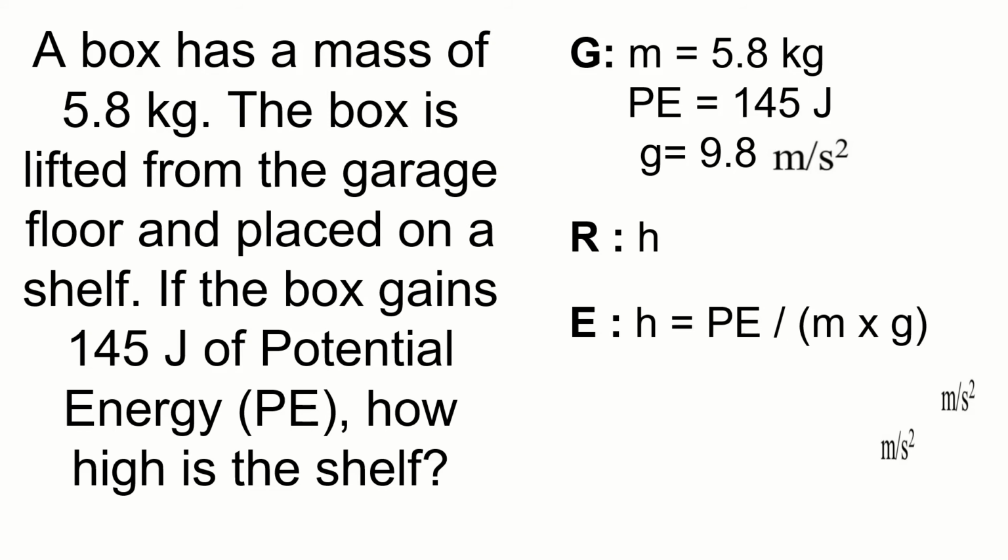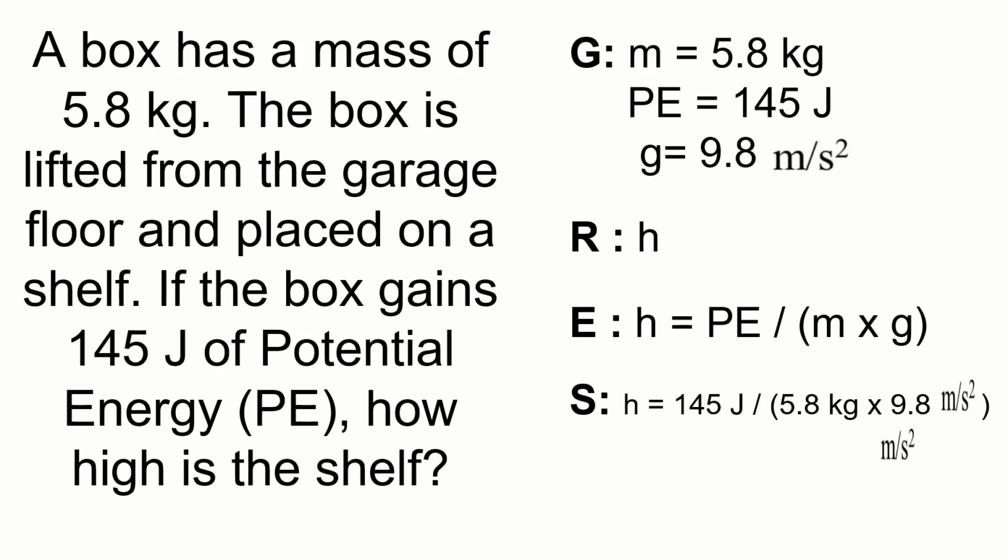So, meaning to say, it is pertaining to the height. Ang equation para makuha ang value ng height is H is equal to PE divided by M times G. Ibig sabihin, height is equal to potential energy divided by mass times acceleration due to gravity. So, let's substitute the value.